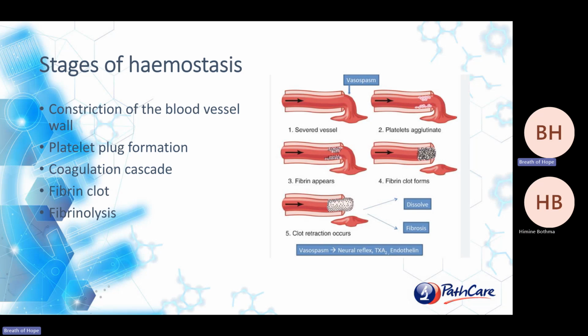The coagulation cascade then comes into play, and the end result is the formation of a fibrin clot. Now, we don't want fibrin clots to be forming non-specifically and without being checked. So then there's a fibrinolytic system to ensure that these clots then lyse when they are no longer needed to maintain hemostasis.